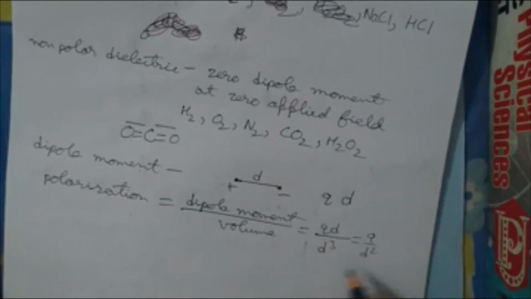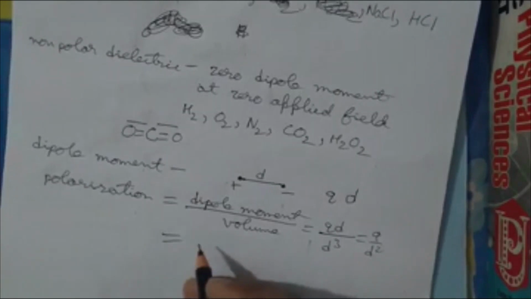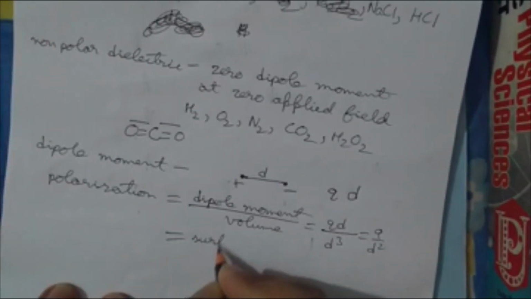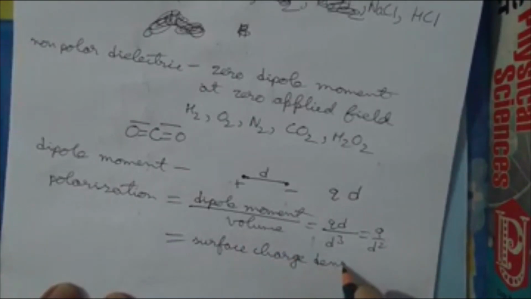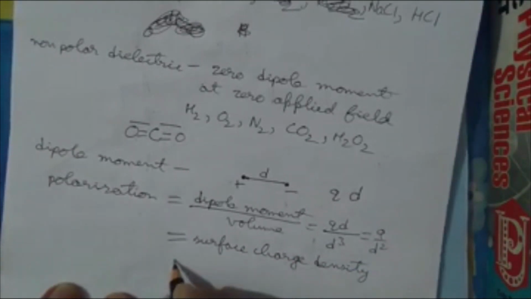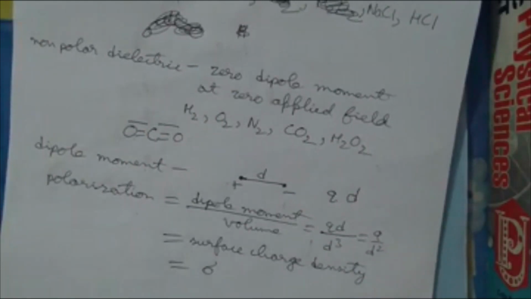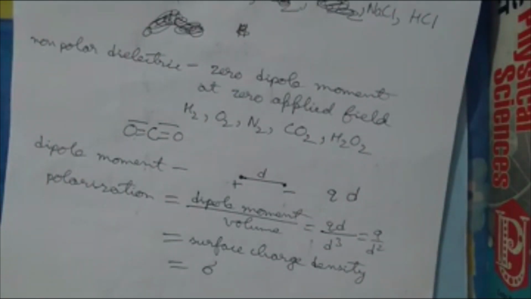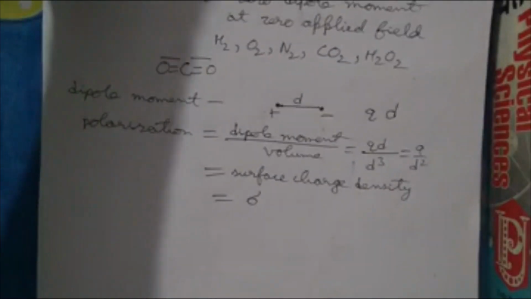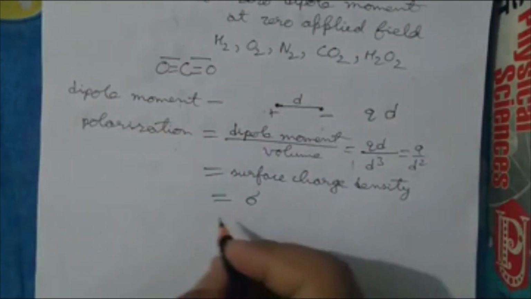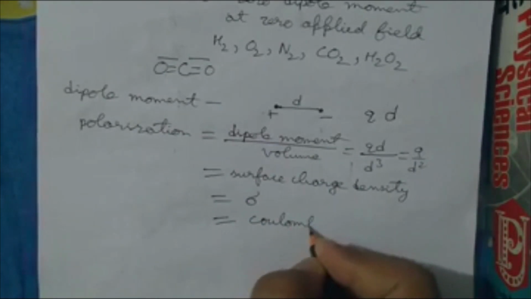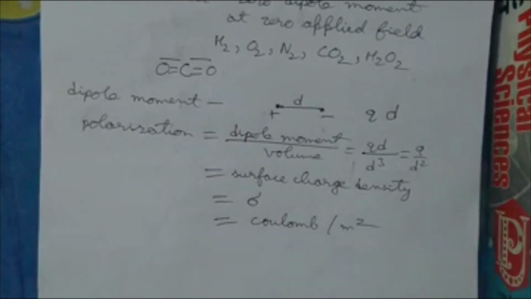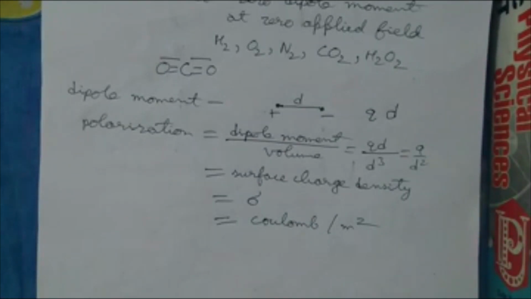This is actually surface charge density, denoted as sigma. And what will be the unit of polarization then? Unit of polarization will be coulomb per meter square.